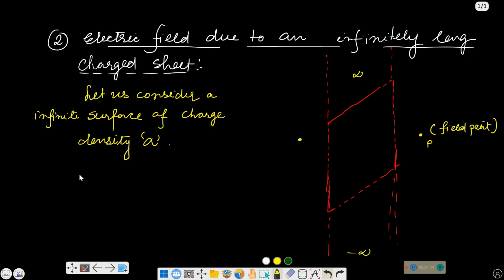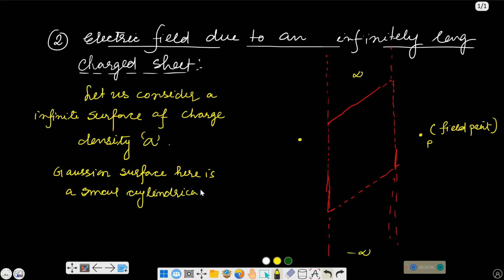So the Gaussian surface here will be a small cylindrical Gaussian surface.